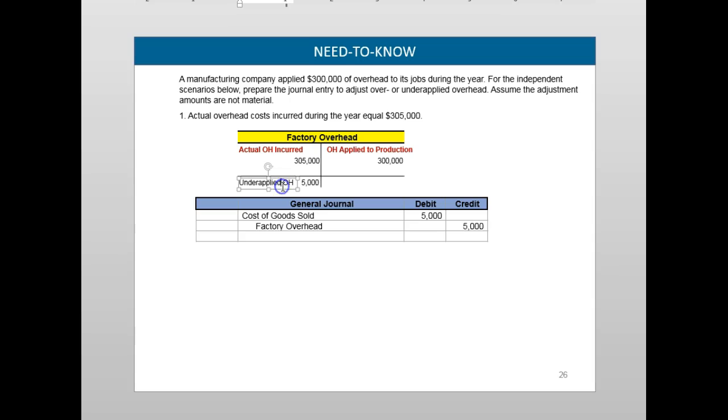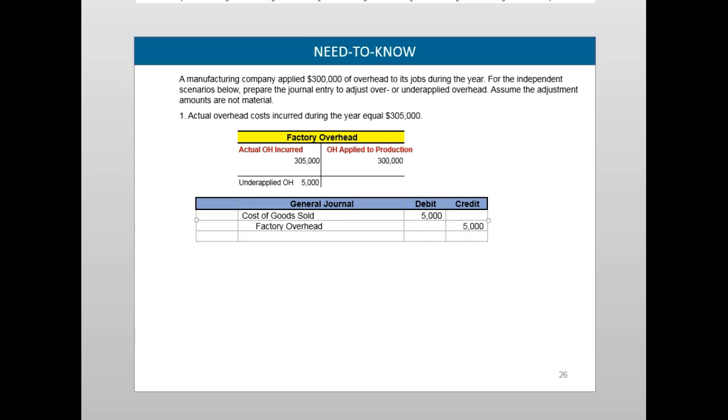So that means I've underapplied. So I need to correct that. And to correct it, if it's immaterial, that's a very small amount out of $300,000, I'm just going to increase my cost of goods sold and decrease here that factory overhead to make it 0. So what that does is it increases my cost of goods sold, which is going to decrease my profit.